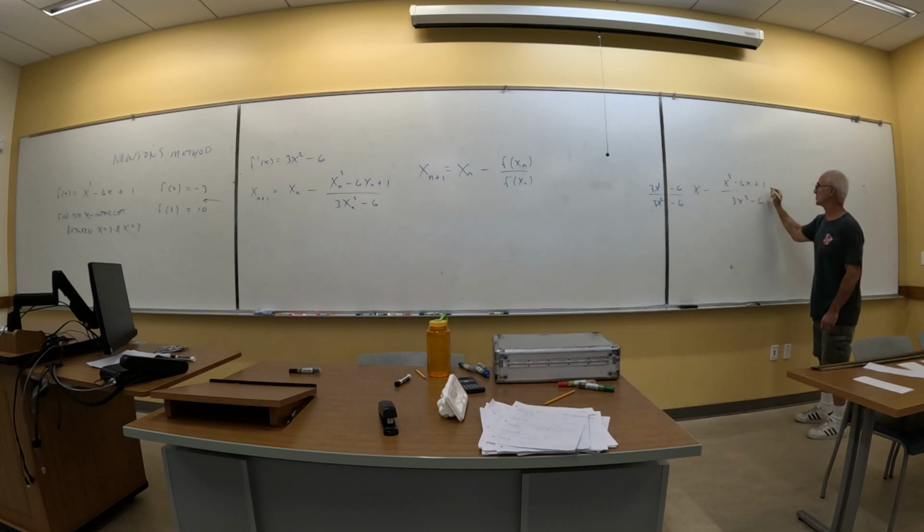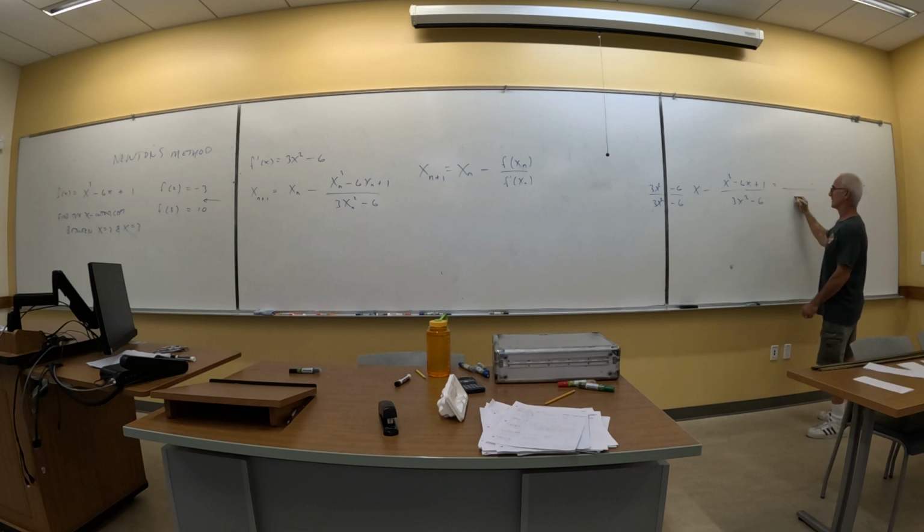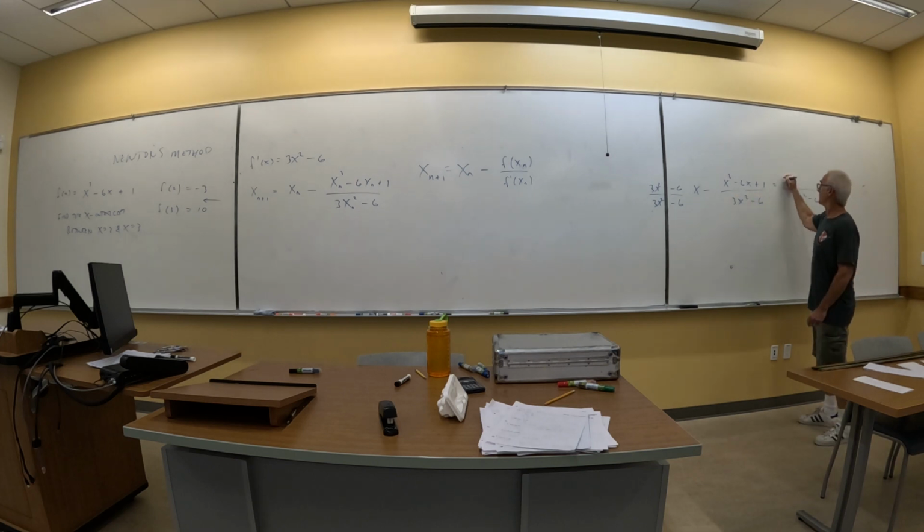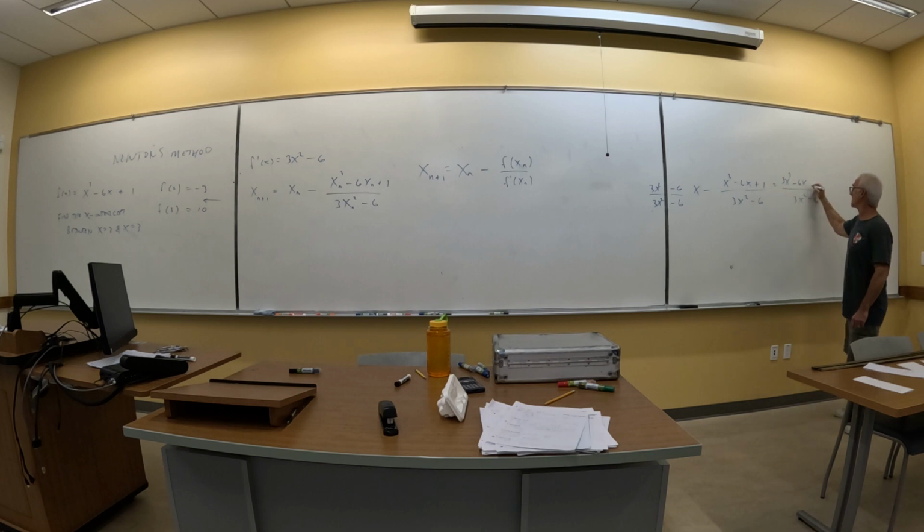So let's distribute on top. What do I got? You never have to do this, wink, wink. I do this every time, and it simplifies things tremendously. So I'm going to have 3x cubed minus 6x, and then subtract this whole quantity.